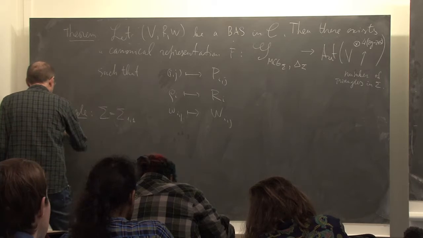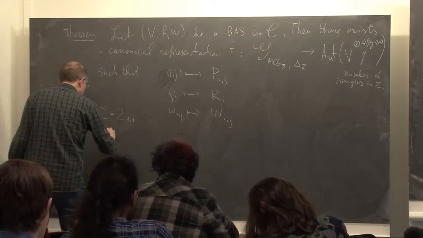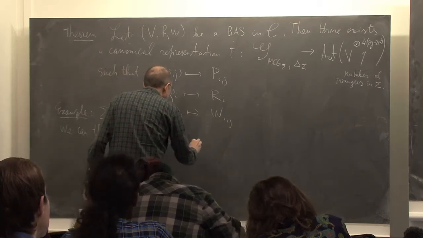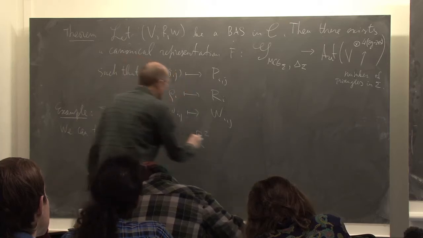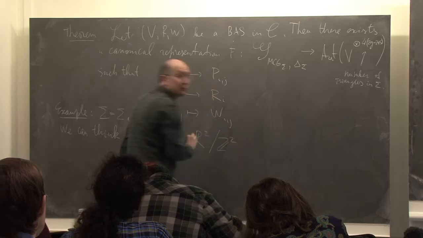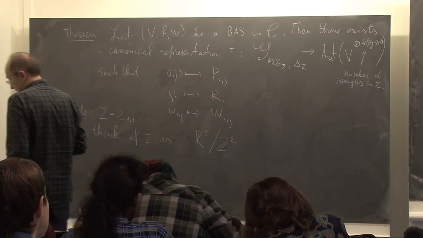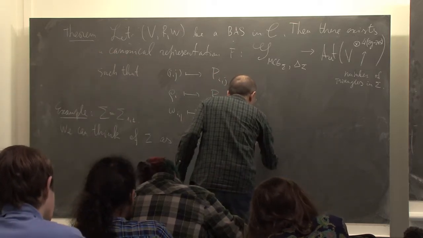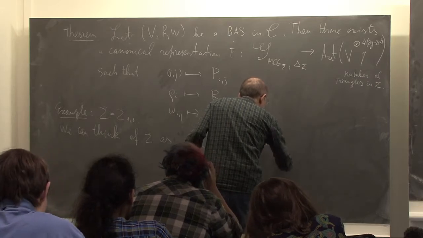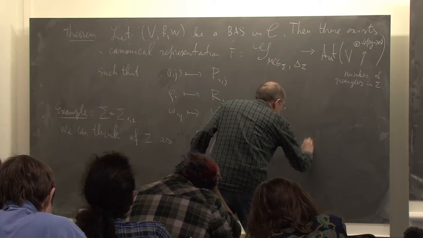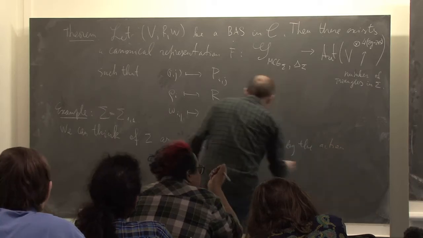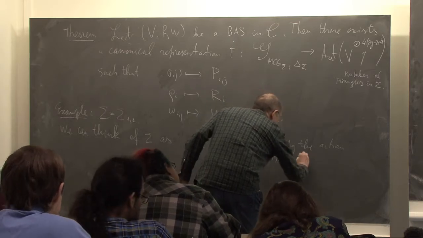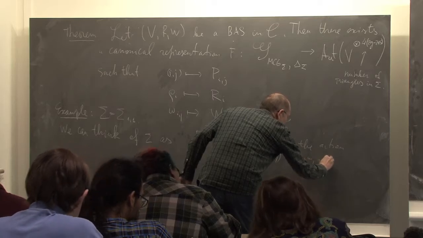And we can think of Sigma as a real plane quotient by the integer lattice, obtained by the action of (m, n) on (x, y) given by (x plus m, y plus n).